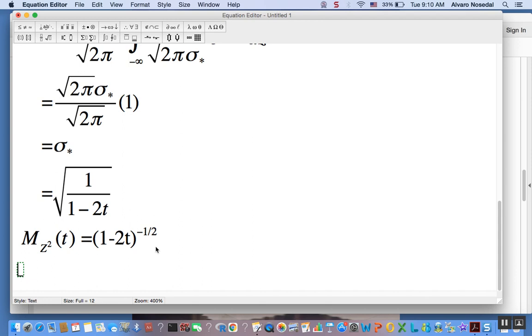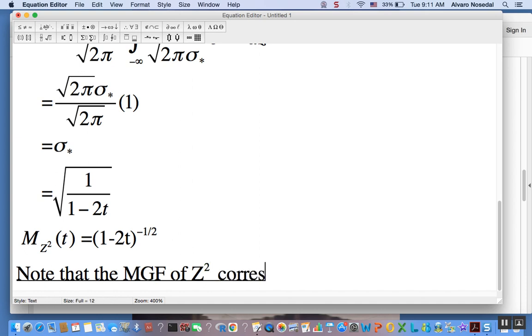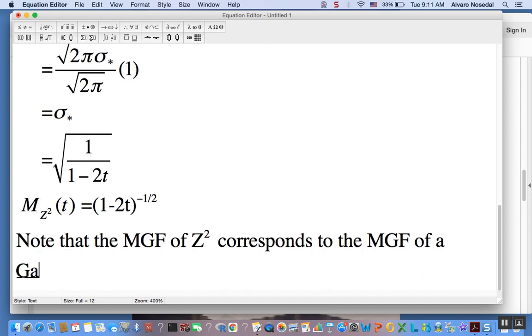So note that the MGF of our transformation of interest, Z squared, let me just write it down here, corresponds to the MGF of a gamma with parameters alpha equals 1/2 and beta equal to 2, okay?